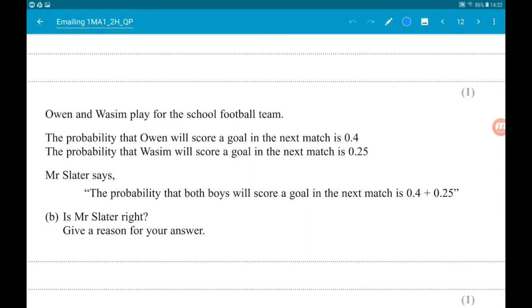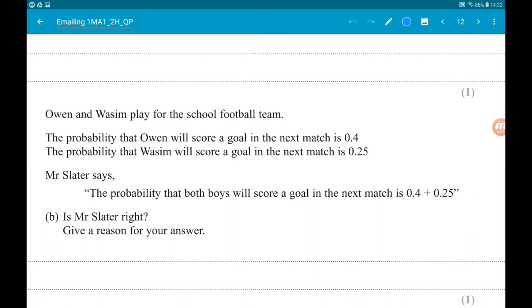So, he is not right. Imagine if you flip a coin and roll a dice. Imagine then putting those on a tree diagram. So let's say heads from the coin and 1 on the dice. So the probabilities for the coin would be a half and a half.